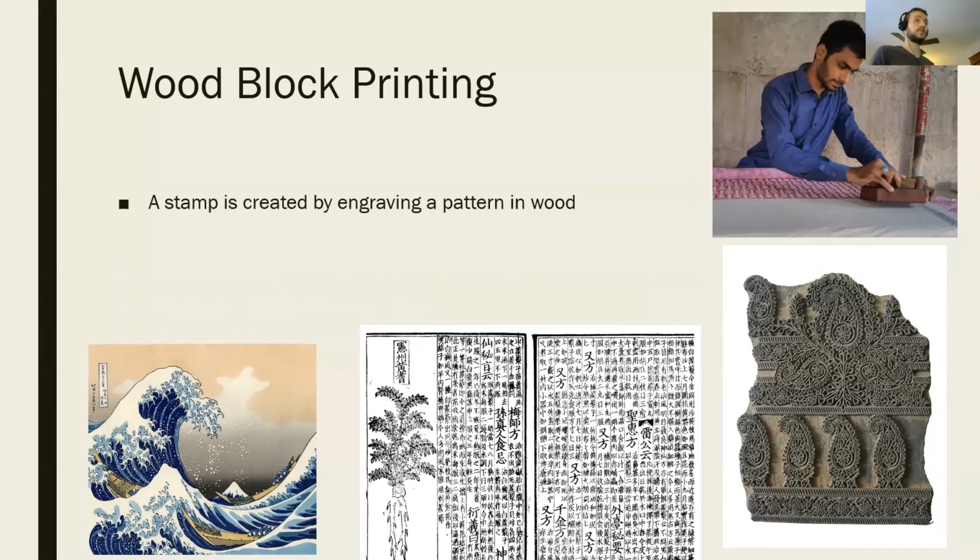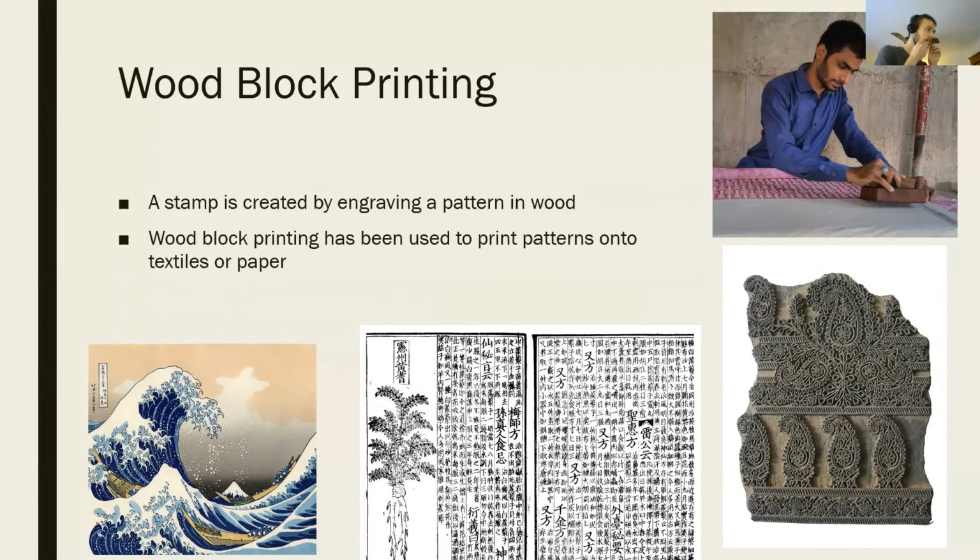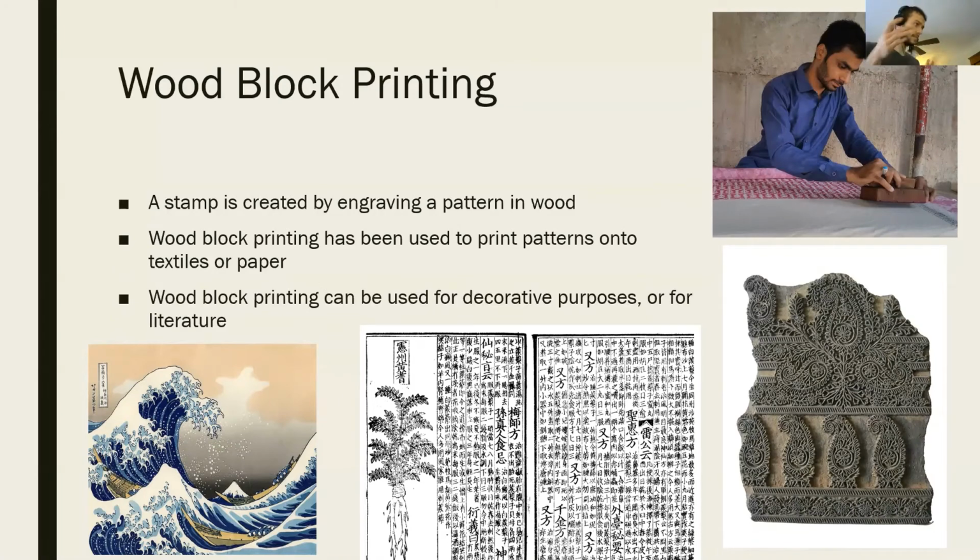Woodblock printing has been used for both purposes, not just for decorative purposes. Sometimes it's used to print a pattern onto textile, or to make certain kinds of artwork. And as I said, it can be used for both decorative purposes and for literature. This was particularly common in East Asia.